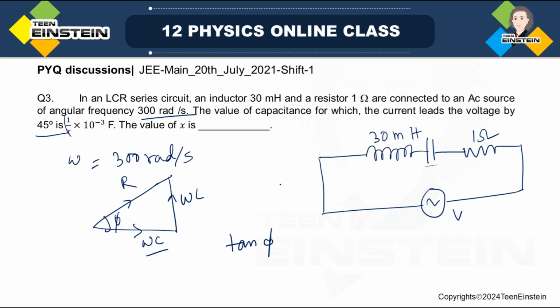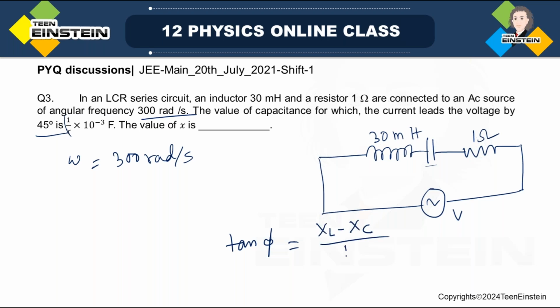We can write this directly, even without drawing these kinds of figures. We have already learned this: xl minus xc divided by r. So this is what we know, right?